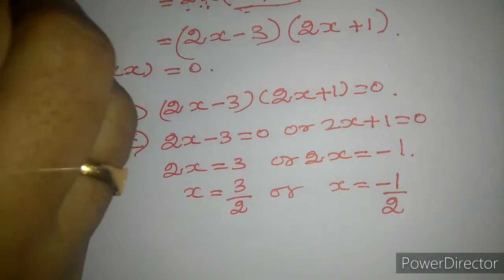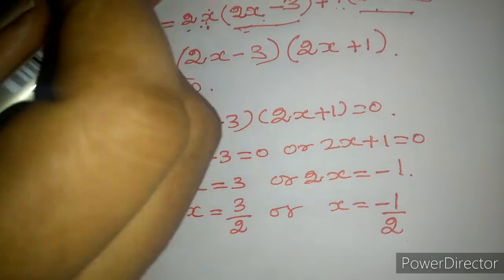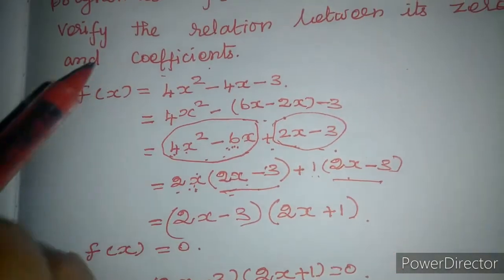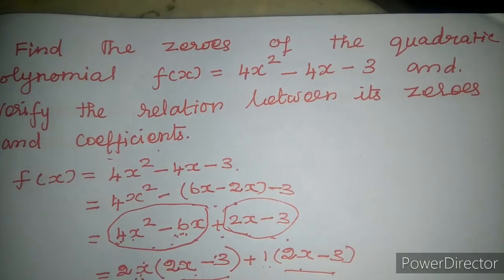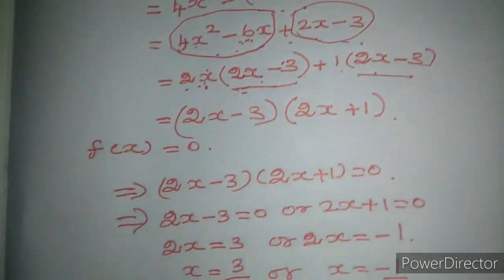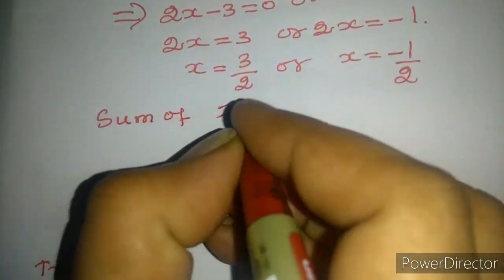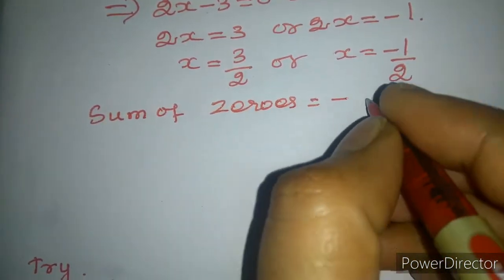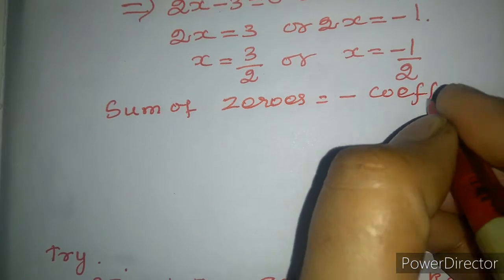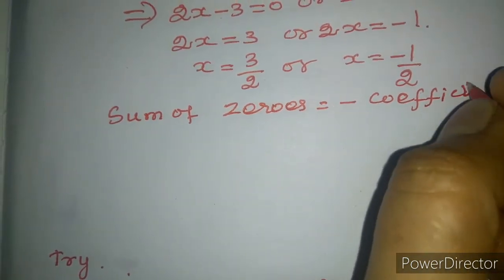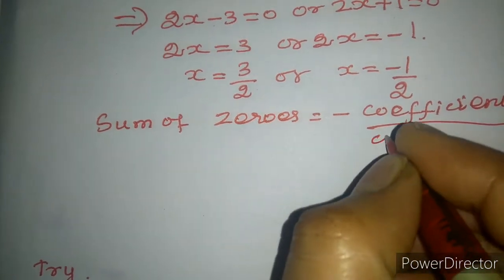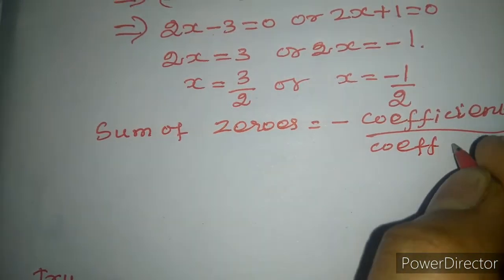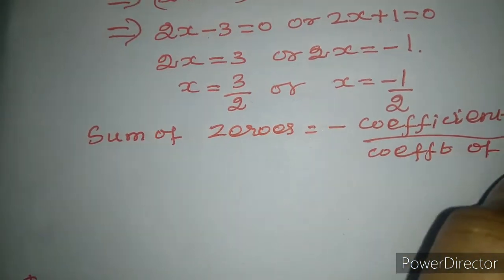Next we are going to verify the relation between its zeros and coefficients. What is the relation between zeros and coefficients? That is, sum of zeros equal to minus coefficient of x divided by coefficient of x square.